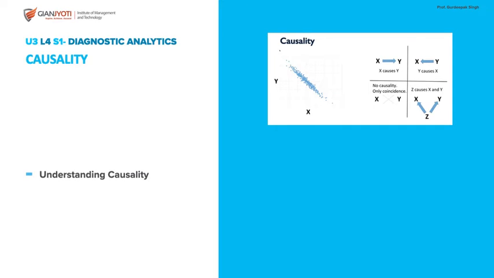Either x is causing y, or y is causing x, or there is no causality and it is only statistical noise, only coincidence, or there is another variable z which is causing x and y. Since we are just trying to look at x and y, that is why we are getting this scatter diagram.